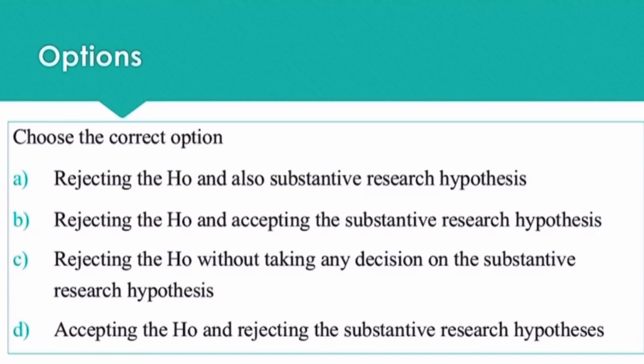Options: rejecting the null hypothesis and also the substantive research hypothesis; rejecting null hypothesis and accepting the substantive research hypothesis; rejecting null hypothesis without taking any decision on the substantive research hypothesis; accepting the null hypothesis and rejecting the substantive research hypothesis. The data analysis suggests that the null hypothesis be rejected. So once that is rejected, we accept the substantive research hypothesis.